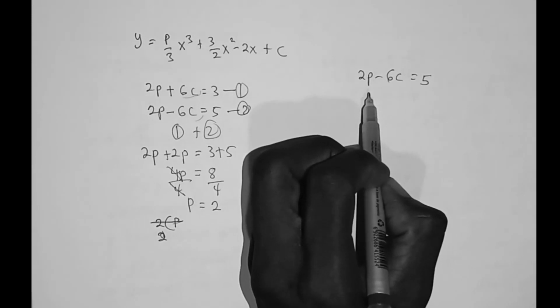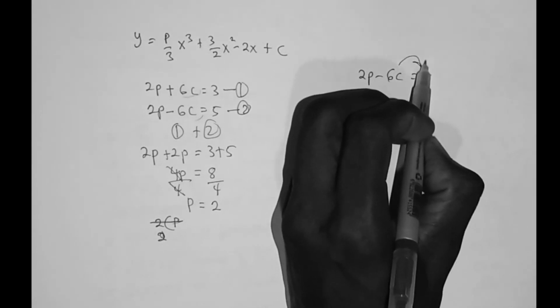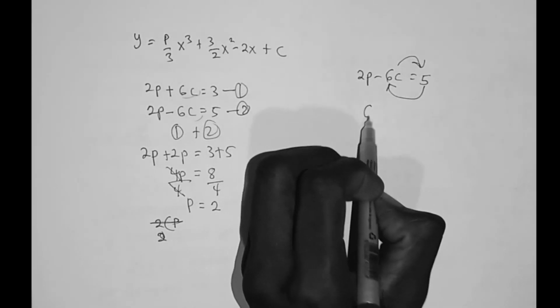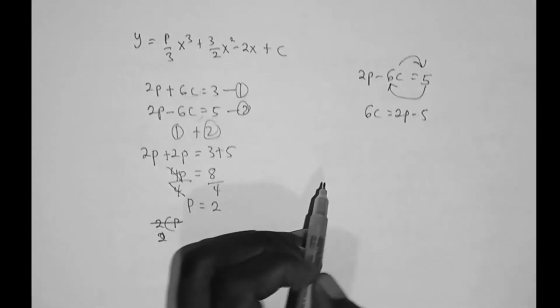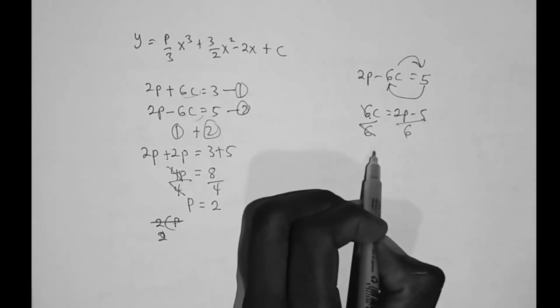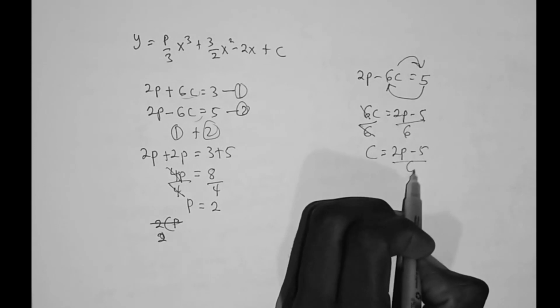So let's make c the subject. So I'm taking c to the side and bringing 5 to the side. So 6c is equal to 2p minus 5. And dividing through by 6, we find out that c is equal to 2p minus 5 over 6.